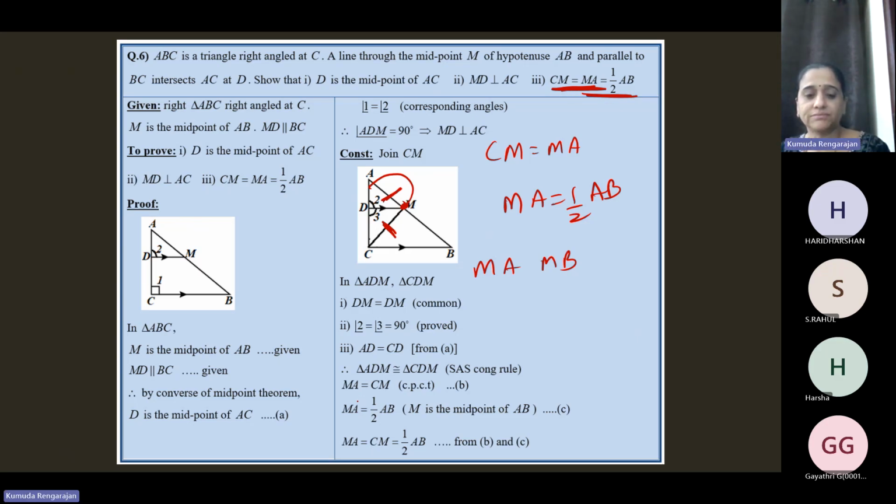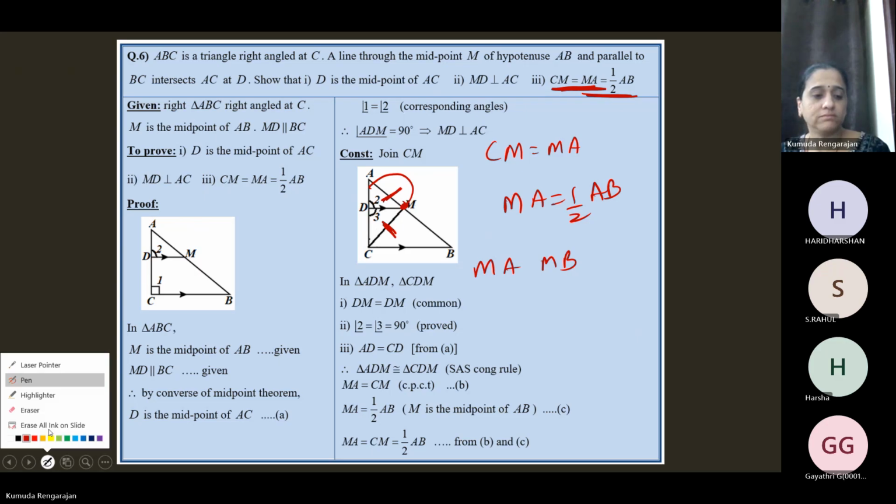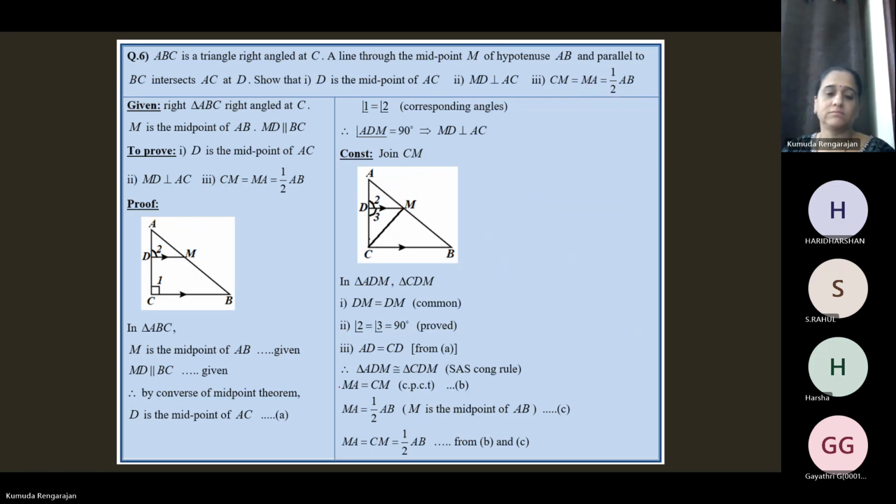So see here. We have MA is equal to CM by CPCT, right? So MA is equal to half of AB. Why? M is the midpoint of AB. So when you compare these results, MA is equal to CM and MA is equal to half AB. So MA is equal to CM is equal to half AB.